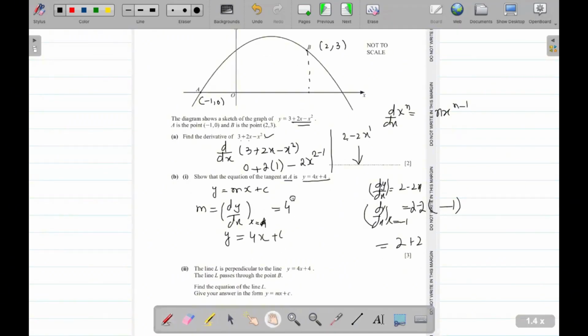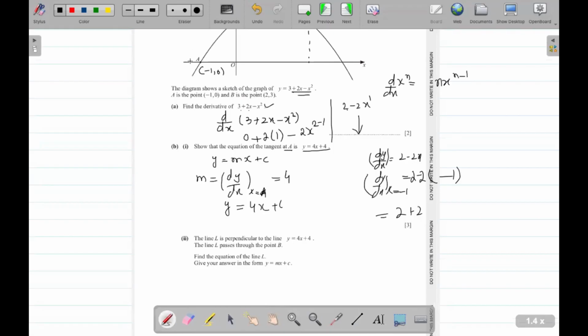To calculate c, we substitute the point at which we take the equation of tangent. This point is -1, 0. We substitute here: y is 0, x is -1. We can write 0 equals 4 into -1 plus c. Therefore, c will be equal to plus 4.